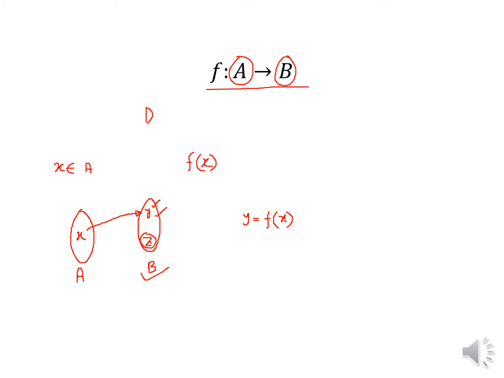But the range of f consists of those elements in B which appear as the image of at least one element in A. So for this case, the range of the function f will be the set consisting only of y, as y is assigned to at least one element in A. The range of f is denoted by f of A or by the capital letter R.